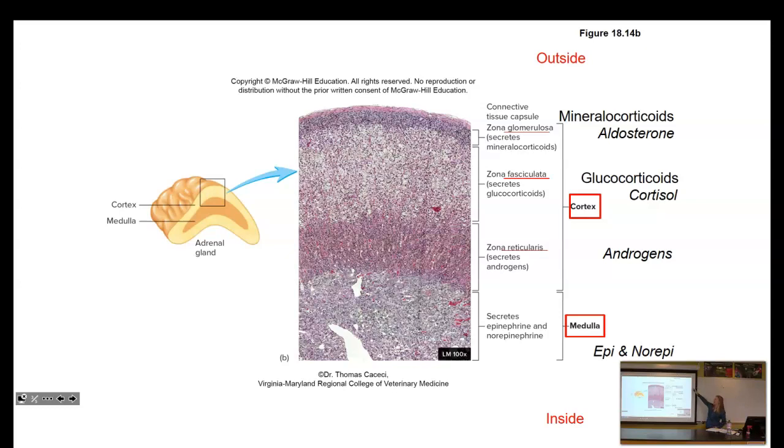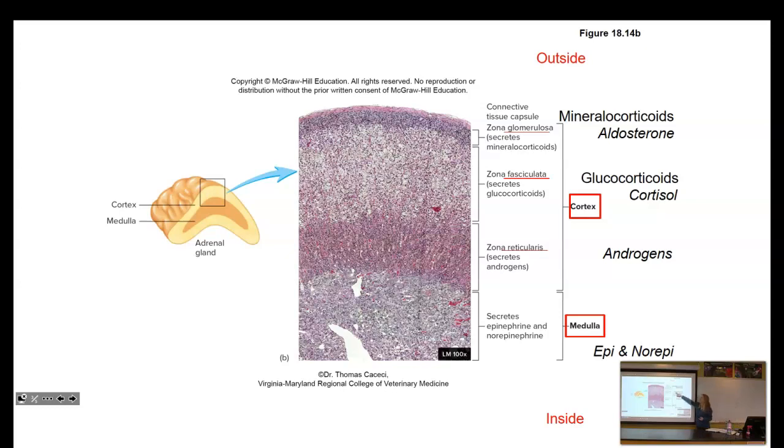These mineralocorticoids are actually released directly in response to things like decreasing sodium levels or increasing potassium levels. They can also respond to changes in blood volume. A decrease in blood volume or blood pressure would trigger the release of aldosterone, because if you hold on to the salt, you hold on to the water, and you can up that blood volume and blood pressure. It also is released in response to another hormone called angiotensin, and we'll talk about that a little bit more with the kidney. Okay, so that's our outer layer of the cortex.